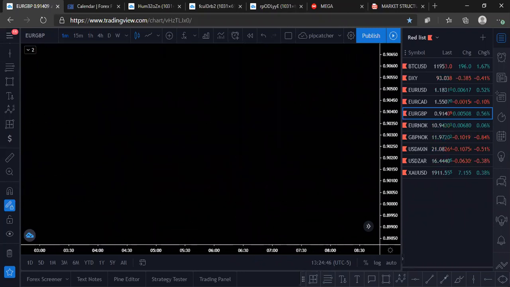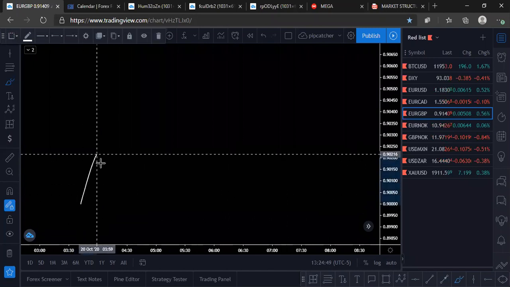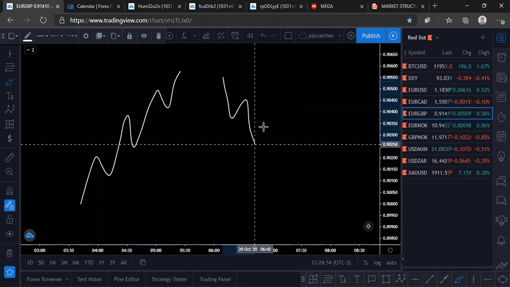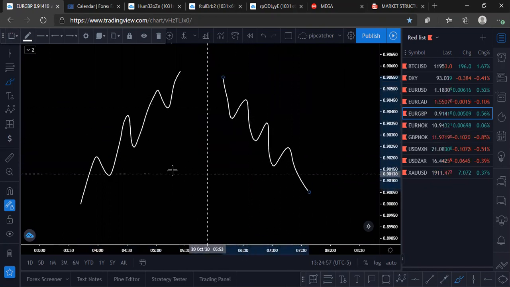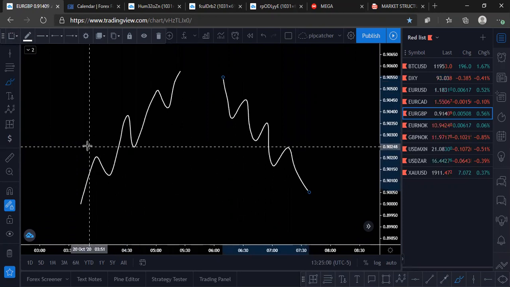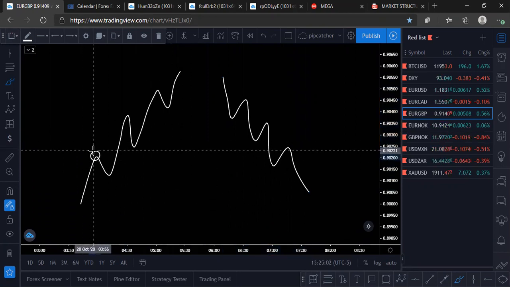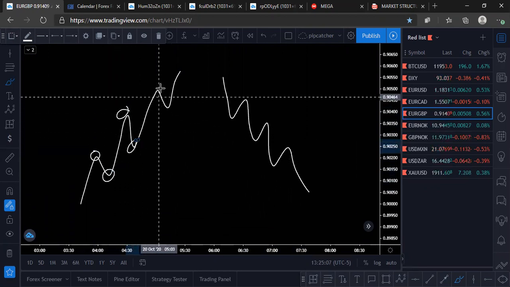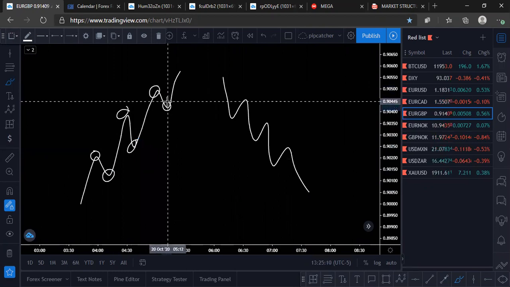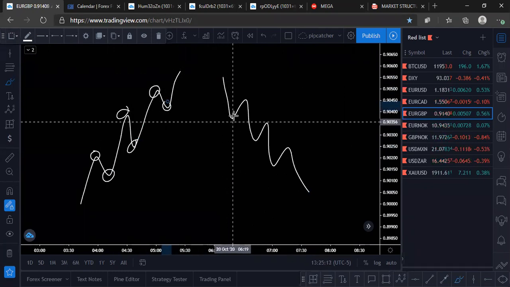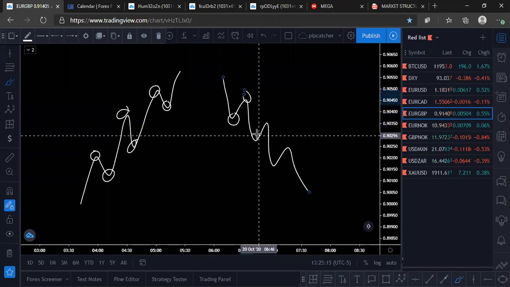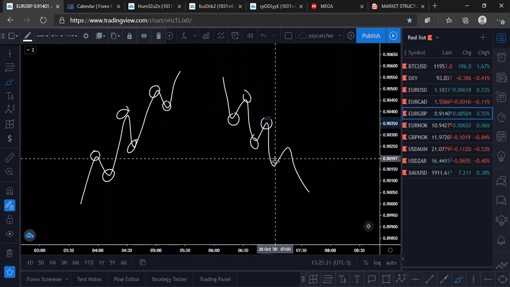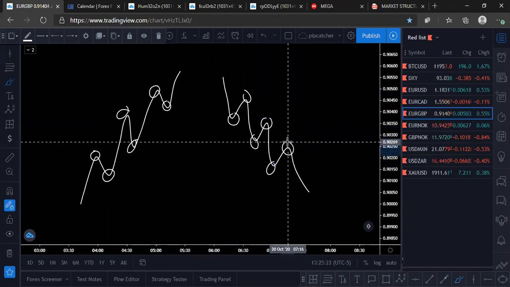Once again, just to recap, an uptrend looks like this, and a downtrend looks like this. In an uptrend you have higher high, higher low, higher high, higher low. For a downtrend, you have a lower low, lower high, lower low, because it's lower than this previous low, lower high, lower low, and lower high.